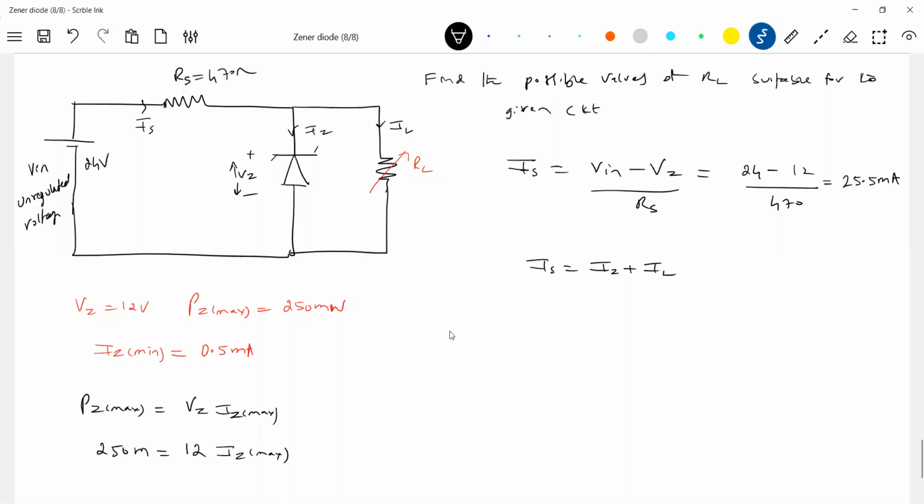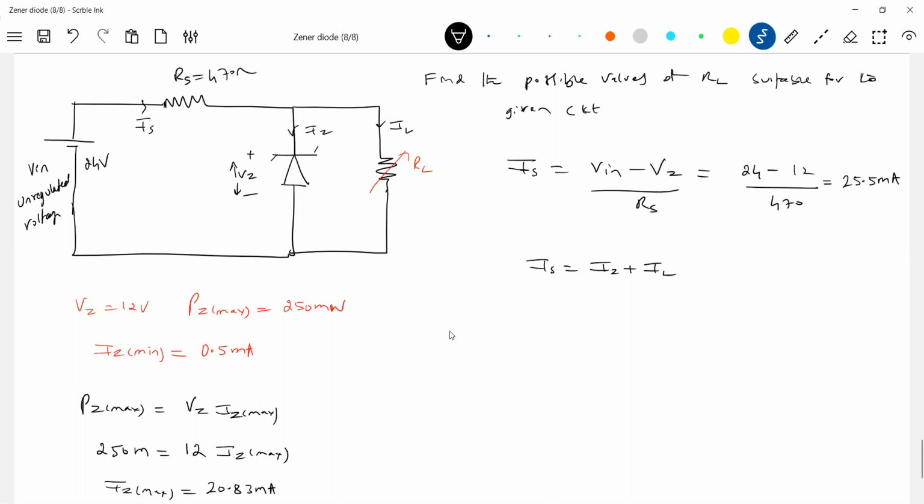So what is the maximum Zener current? Anybody value? 20.83 milliampere.